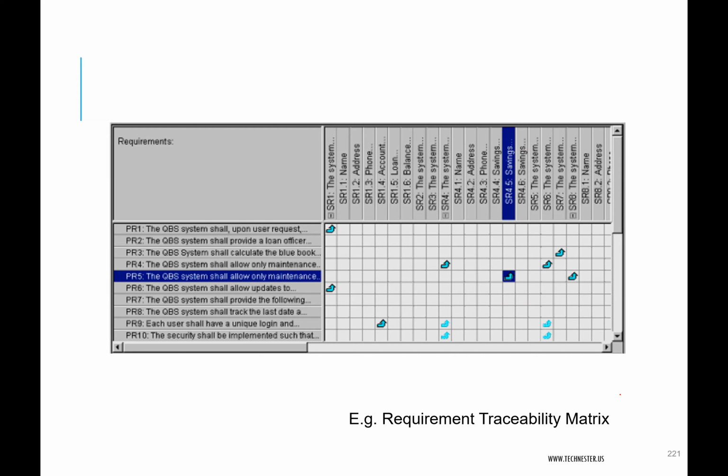You can store requirements in a tabular format with a clear structure, showing maybe the stakeholders that requested them, right? And the particular requirements that should be carried out, right?